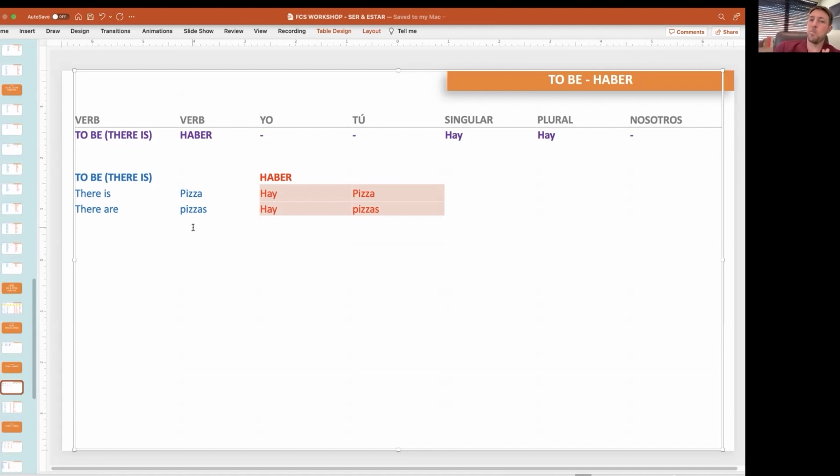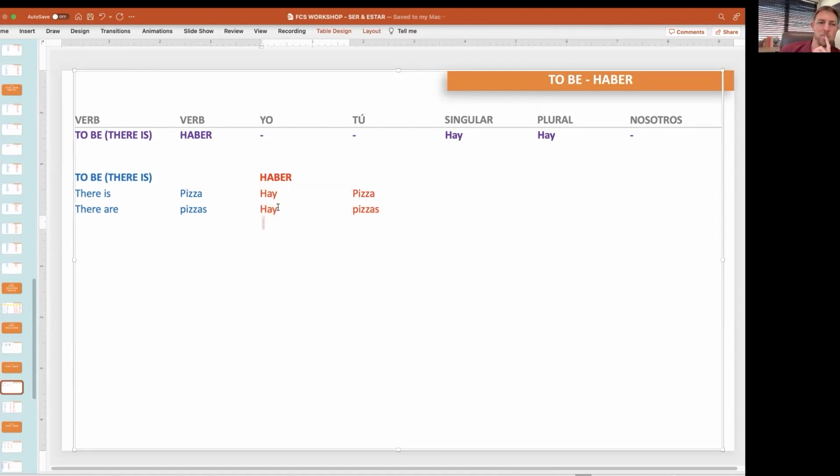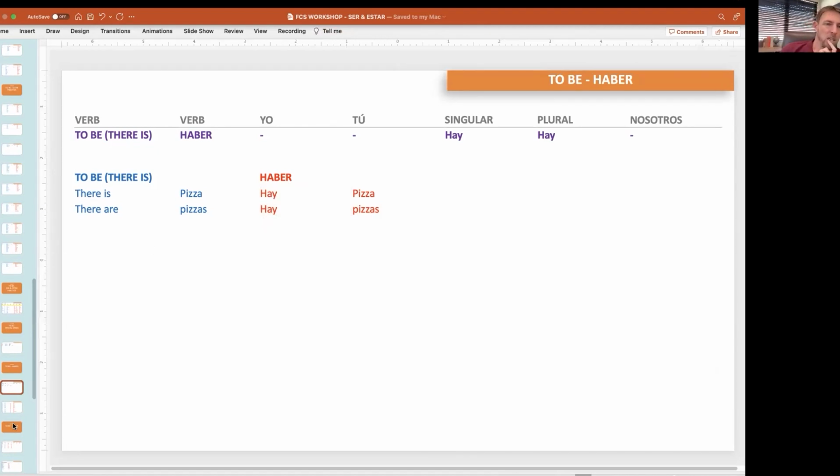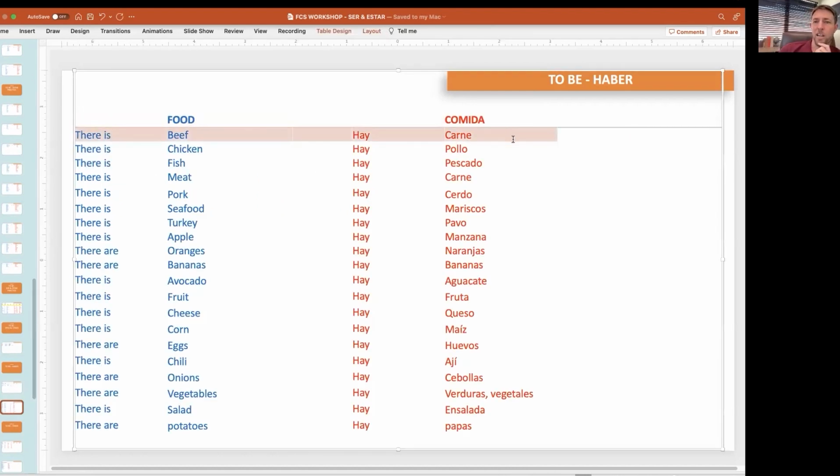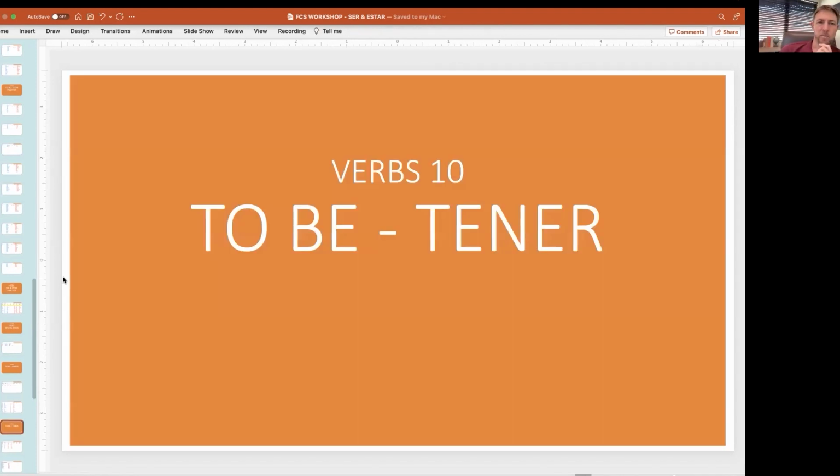There are pizzas. ¿Hay pizzas? Hay pizzas. That's it. Hay. Very, very simple. One little word means there is or there are. So you can see there's beef, hay carne, hay pollo, hay pescado.